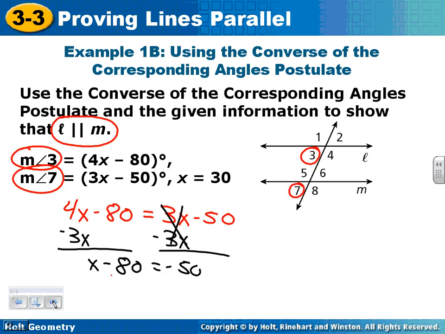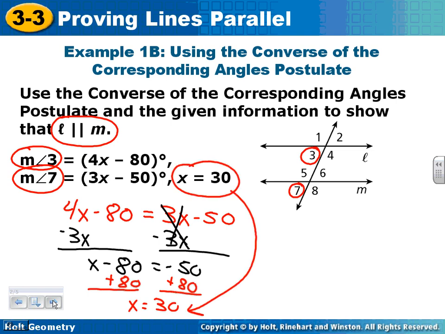Then I can finish that by adding 80 to each side. And look what I get. X equals 30. And that's what it says right here. So that's the same answer. So I've just shown by using algebra that those two lines are parallel.